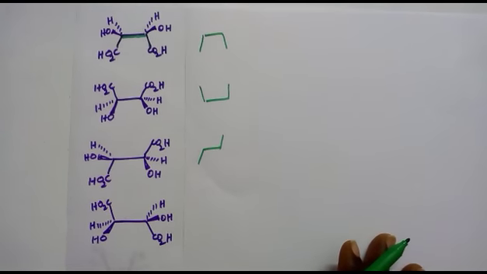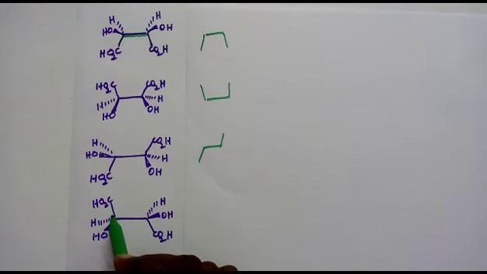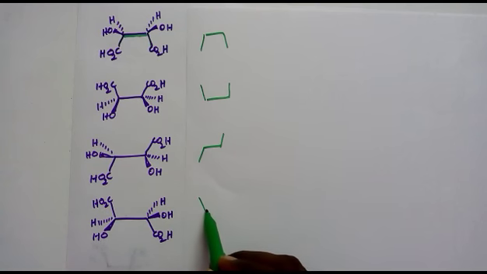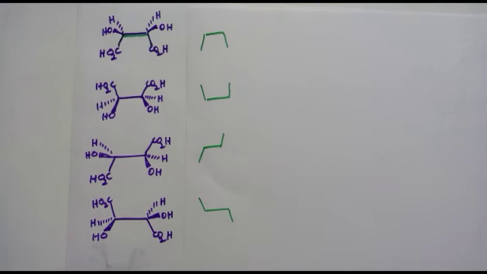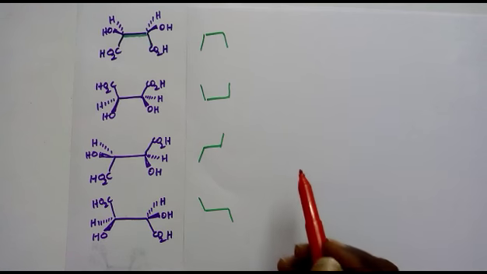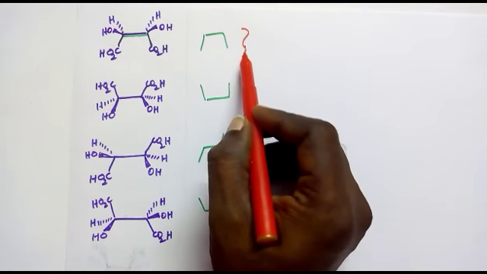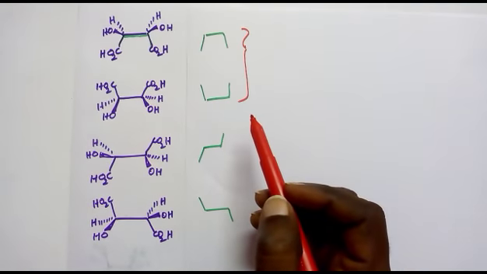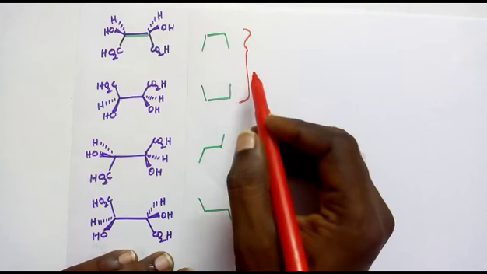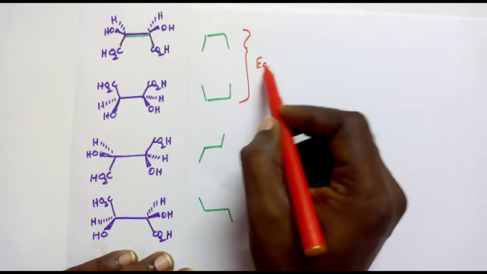And see this one. This way, this way, this way. This is also a chair. So if we look at the first two, these stool-like bonds, they are eclipsed.